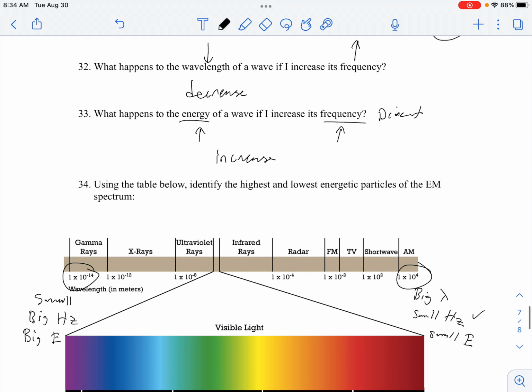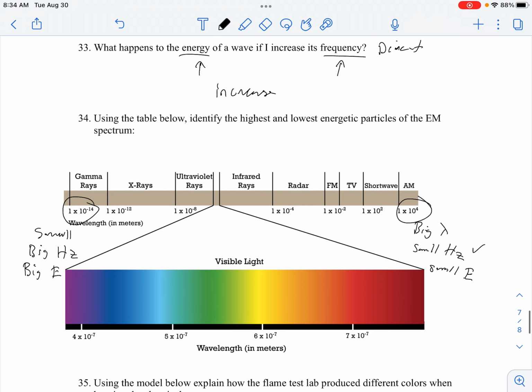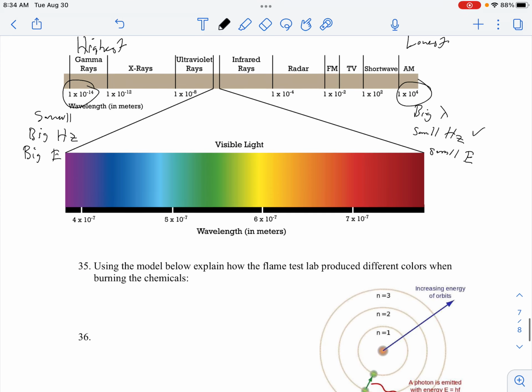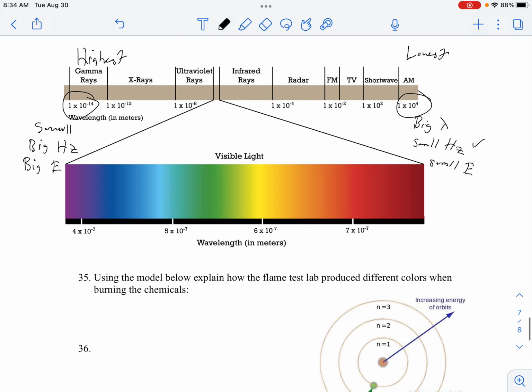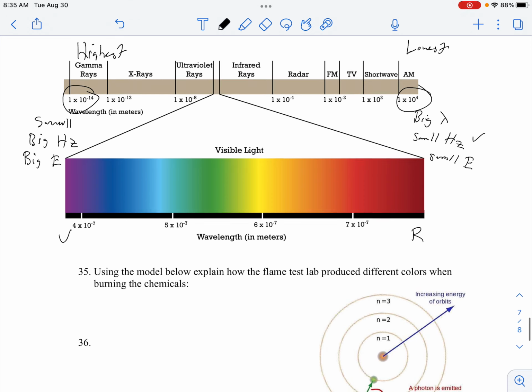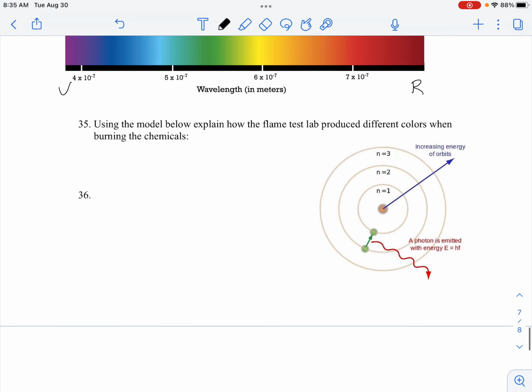So you have to know this relationship between frequency, wavelength, and energy. Wavelength and frequency are inverse, opposite. So highest energy would be gamma, and lowest would be radio. Same thing with the colors. Violet is the highest energy, red is the lowest.